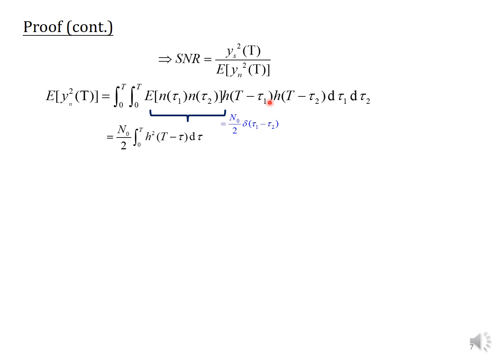So the product of h(tau 1) and h(tau 2) has value only when tau 1 equal to tau 2. So tau 1 equal to tau 2 equal to tau, and that becomes h squared. So that becomes the power of noise. The power of noise.